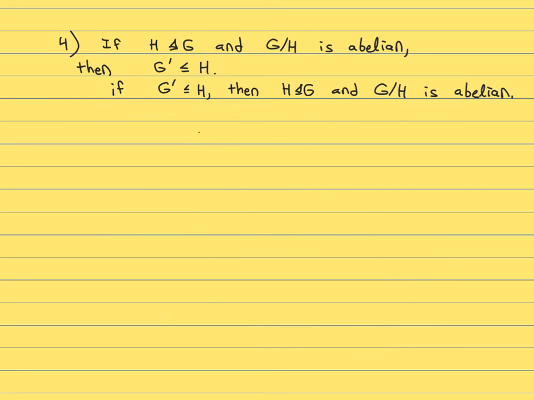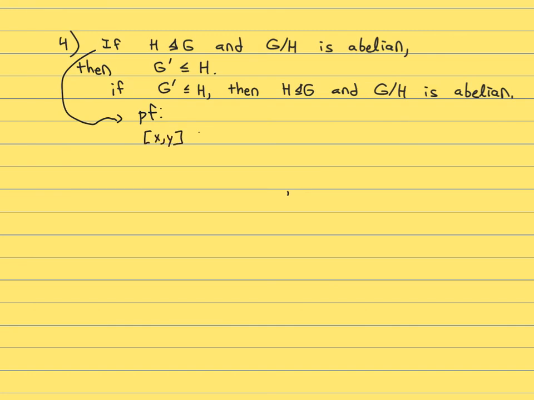Alright, so why is 4 true? Well, let's assume H is normal in G, and G mod H is abelian. But we want to prove G prime is a subgroup of H. G prime is generated by commutators.